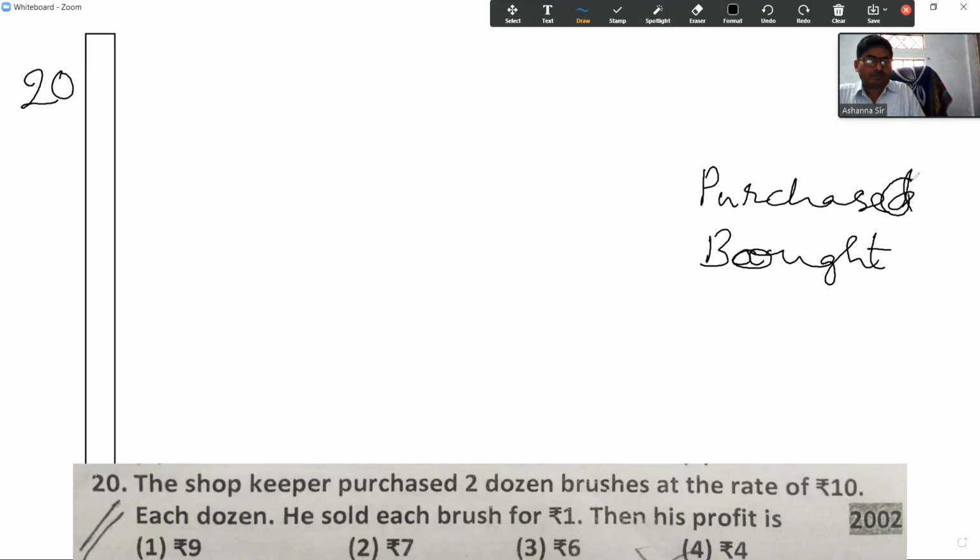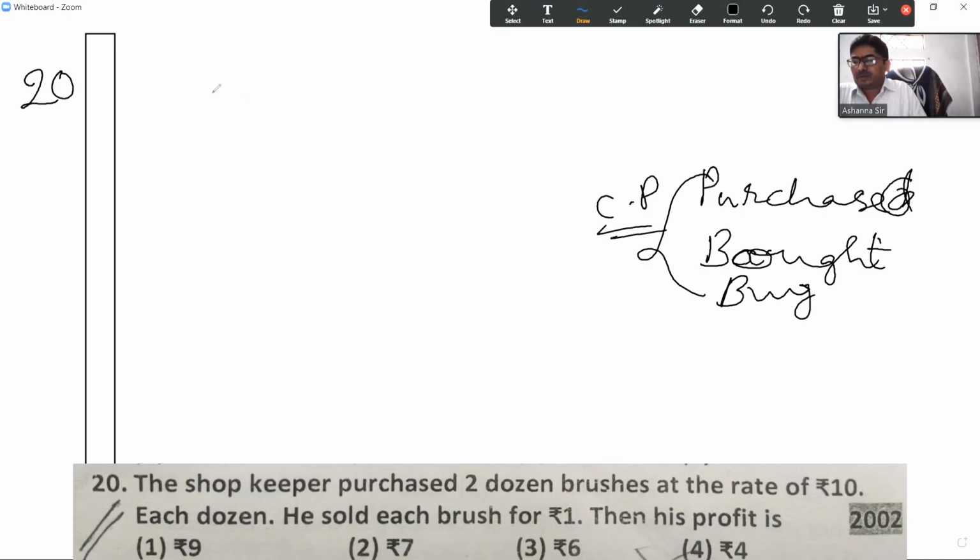Purchase or buy, bought, these all are cost price only. So you remember, purchase, buy, bought, purchased, these all are cost price only.